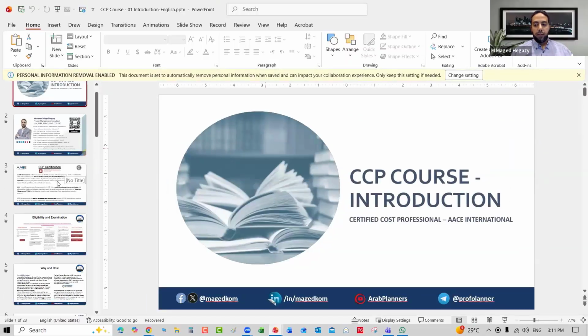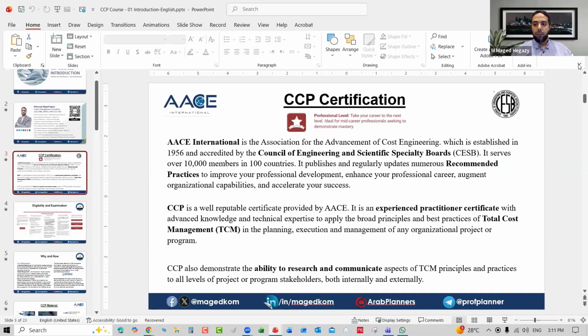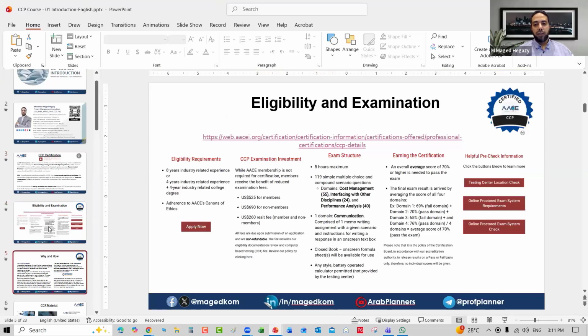So as a recap at the end, we discussed the CCP certificate and its accreditation from the Council of Engineering Scientific Board. We discussed the eligibility and examination.